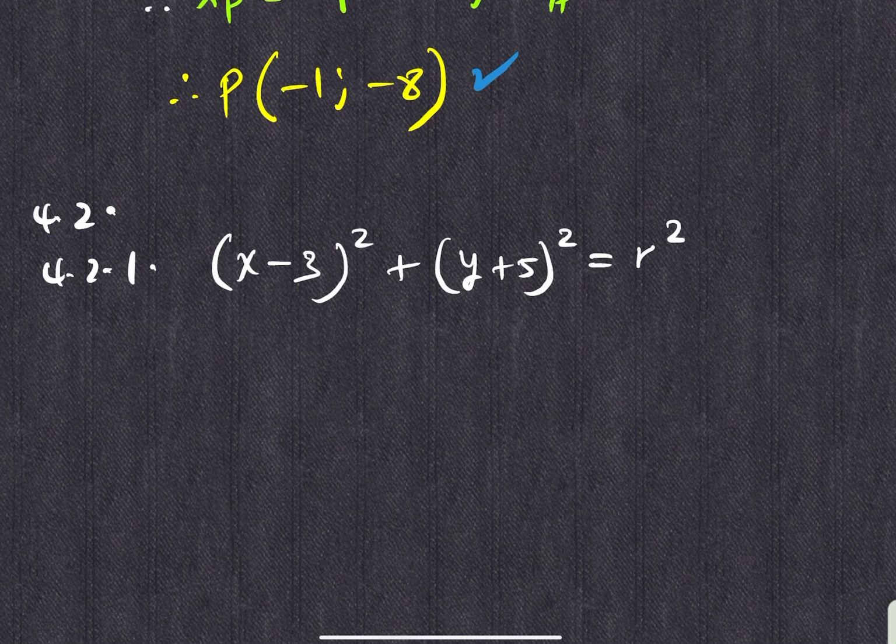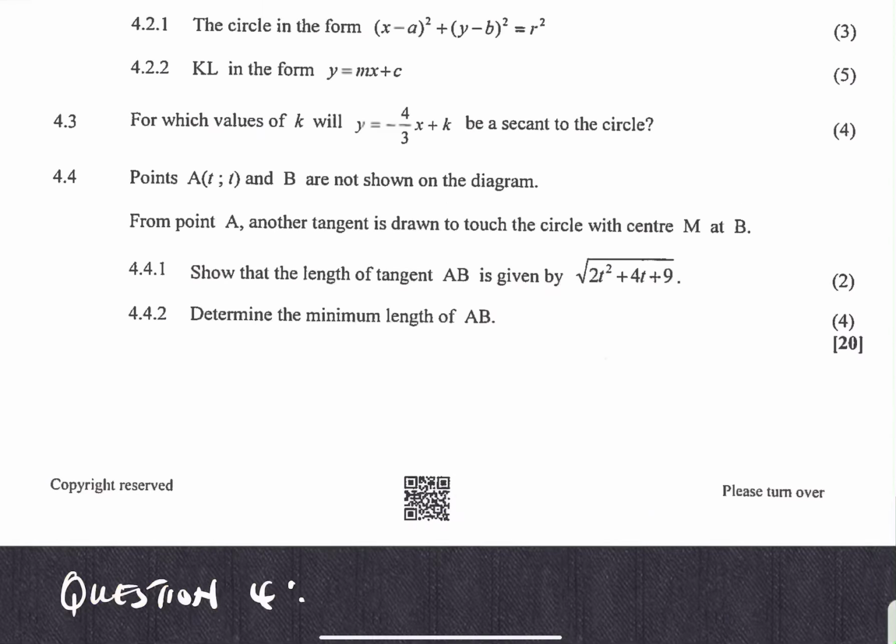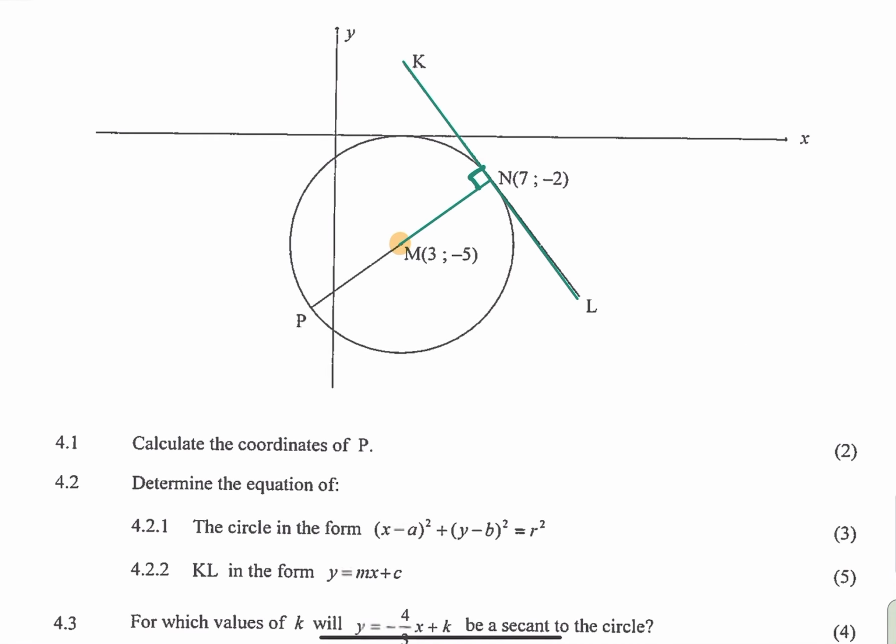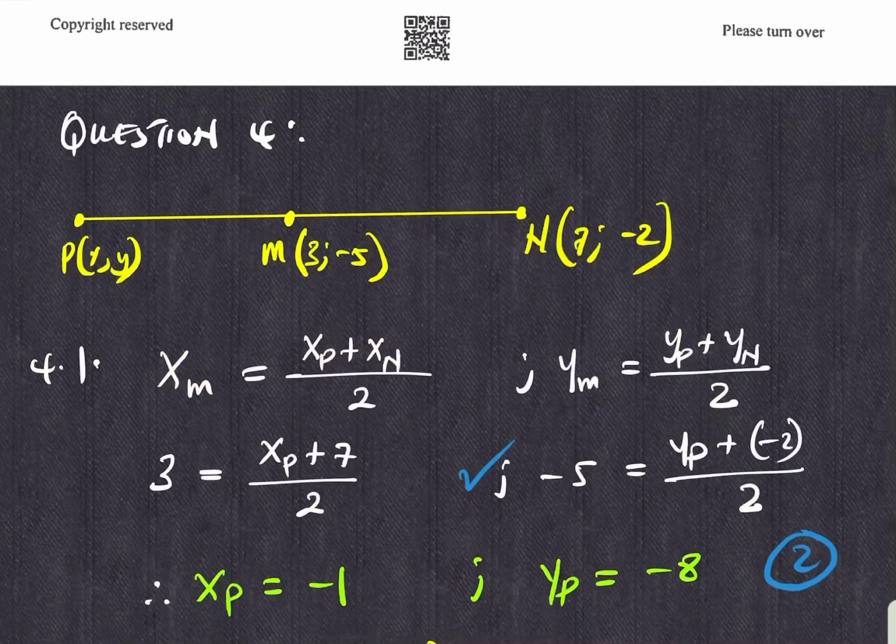There are a bunch of ways in which you can approach this question. The first one will be to take at least one point that passes through the circle to get r squared. We have the point N that was given to us, so we can plug this point into the equation to get r squared.